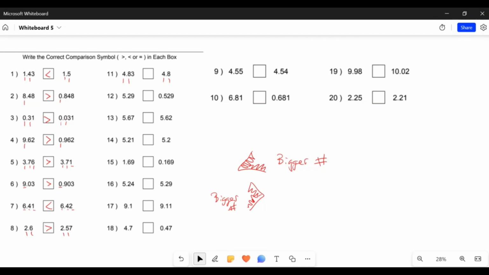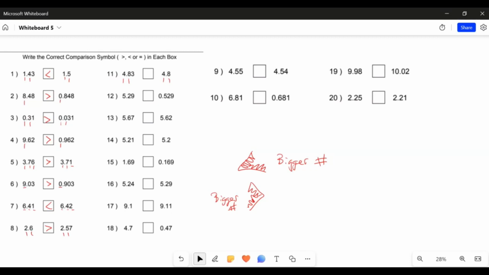Okay, which one is bigger, the 4.83 or the 4.8? We're on number 11.